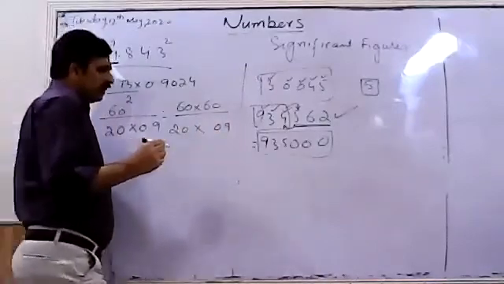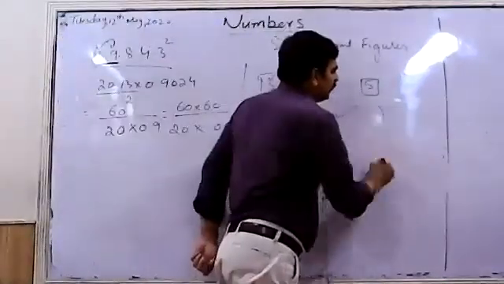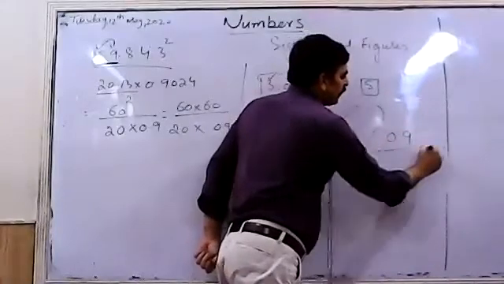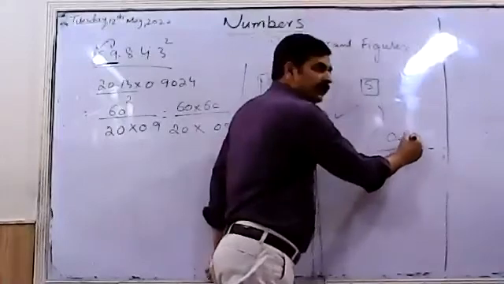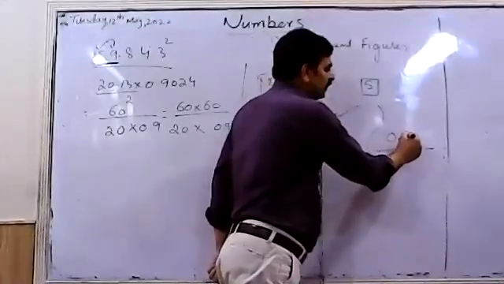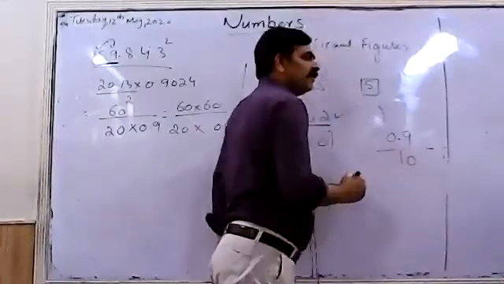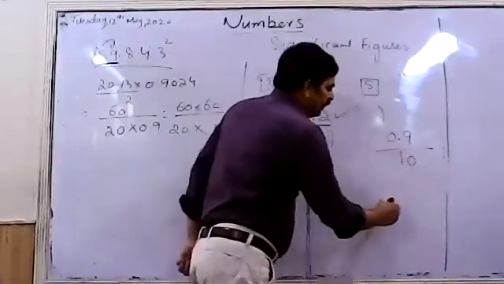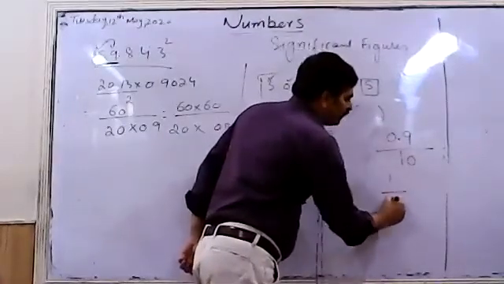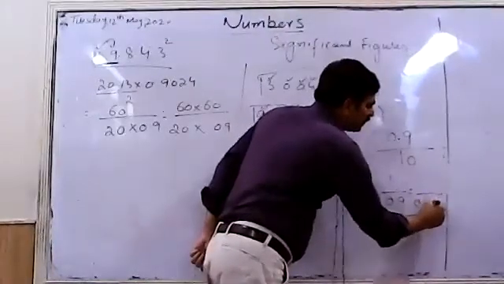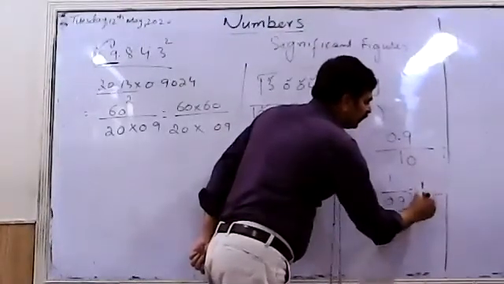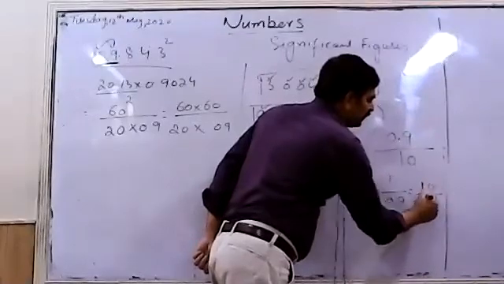Students, we will remove the decimal. If it's written 0.9, in place of the decimal write 1 over, and on the right side, if there is 1 digit, write down only one number, 10. 1 over 0.9: if you want to remove the decimal, in place of the decimal we write 1, and in place of 9, we write 0.